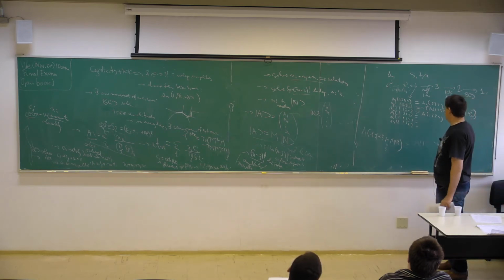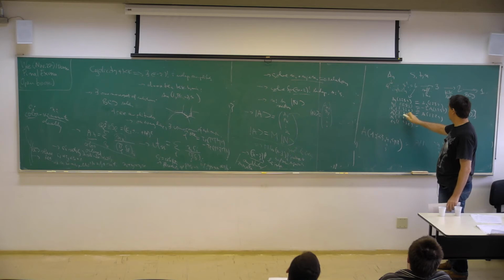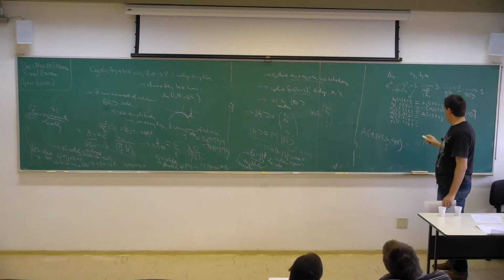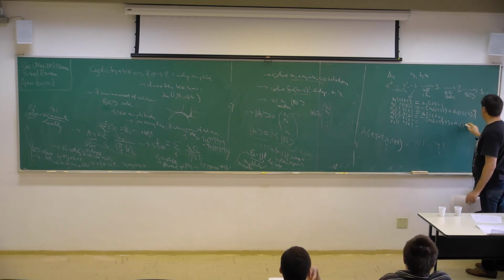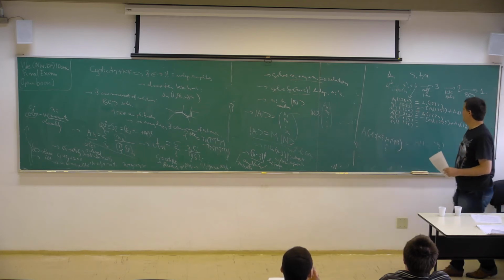This was the only thing. Now let's do this one, where I also have alpha and beta both of one index. And then I get similarly minus A4 1 4 2 3 plus A4 4 3 2.